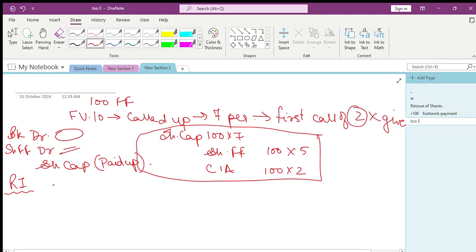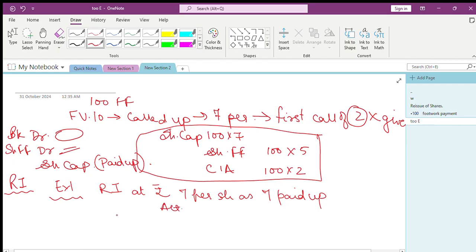Let's see example 1. If this share was reissued at rupees 7 per share as 7 paid up. Alternatively, if it was reissued at rupees 7 per share with nothing given, called up is equal to paid up.